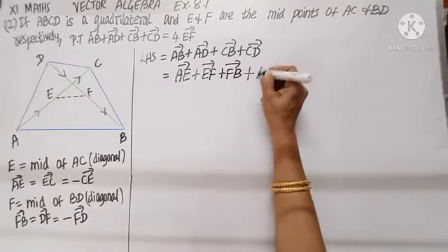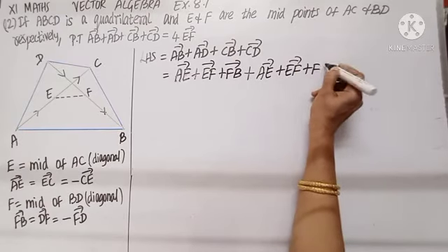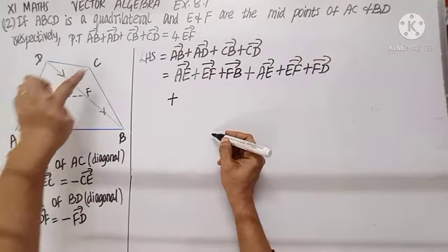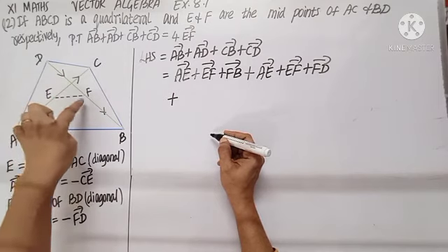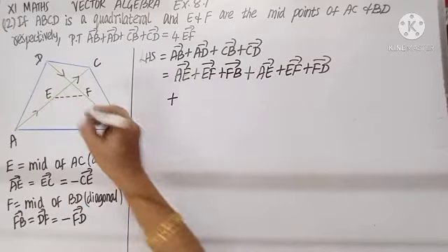So AE, EF, FD. Now I want CB vector. CB vector, C to E, E to F, F to B. So for every vector I am introducing EF.